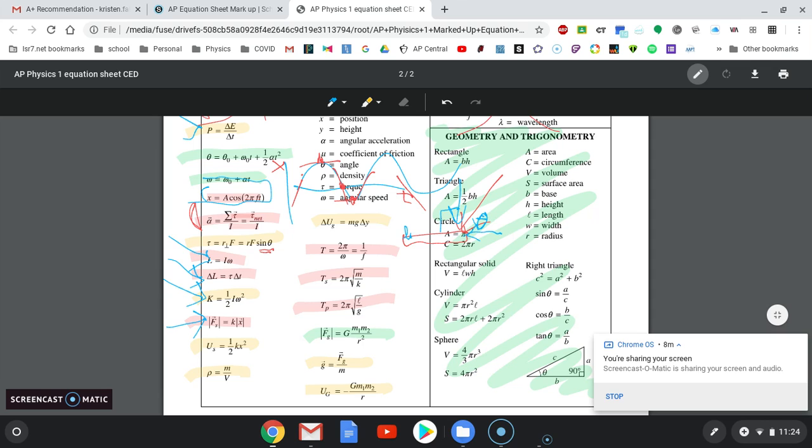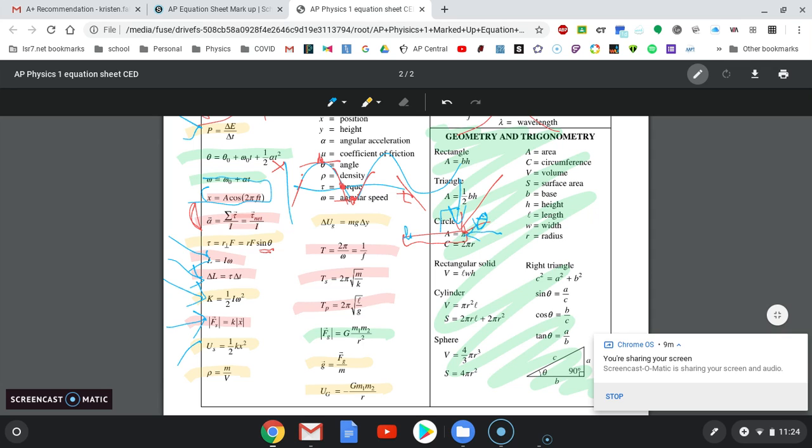If I compress it 5 centimeters, it takes a certain force to do that. If I extend it 5 centimeters, it takes the same magnitude of force to get it that distance. The absolute values are basically saying magnitude only. So if I compress it 5 or extend it 5 centimeters, same force. That's what the absolute values mean, magnitude.